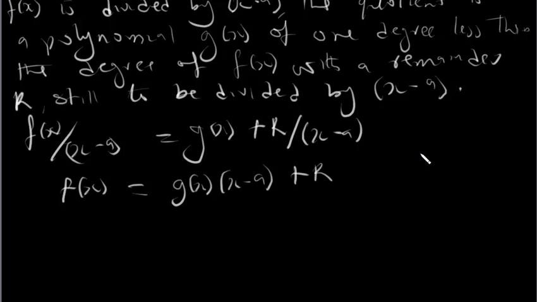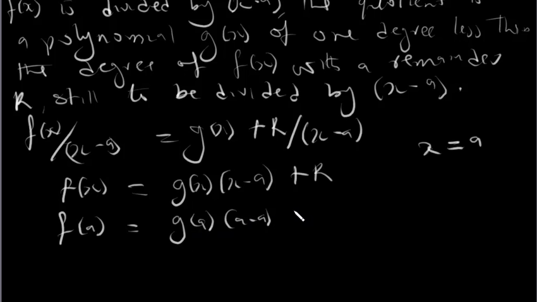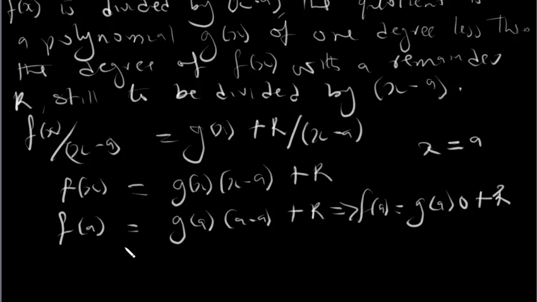Now, if x equals a, then f of a equals g of a times a minus a, plus r. This implies that f of a is equal to g of a times 0 plus r. Now, it then means that f of a equals r.